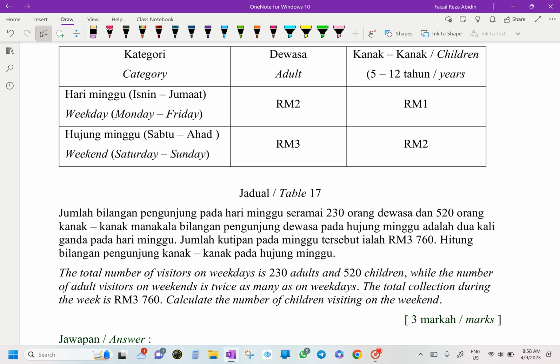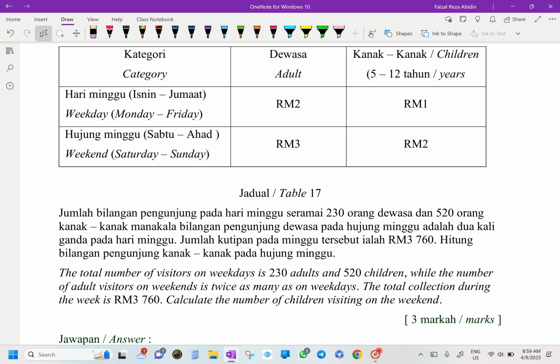The total number of visitors on weekdays is 230 adults and 520 children. While the number of adult visitors on weekend is twice as many as on weekdays. The total collection during the week is 3760.